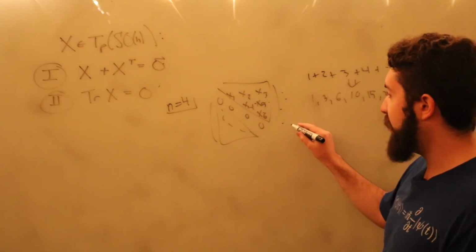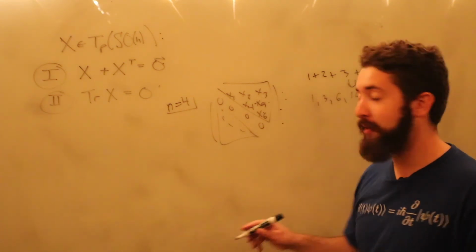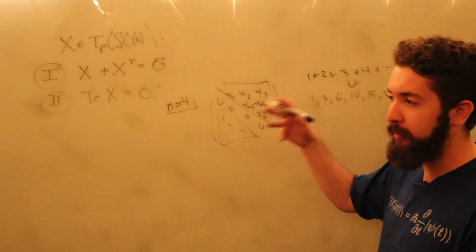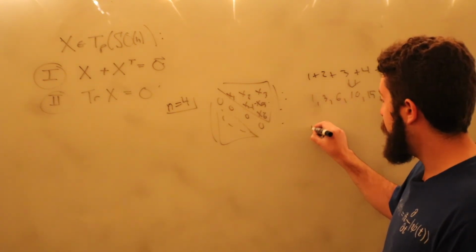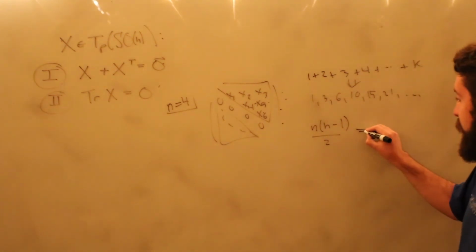So that we find that the dimension of the tangent space, and hence the dimension of the special orthogonal group in spatial dimension n, is going to be n times n minus 1 over 2.